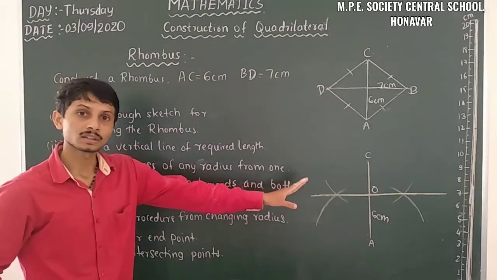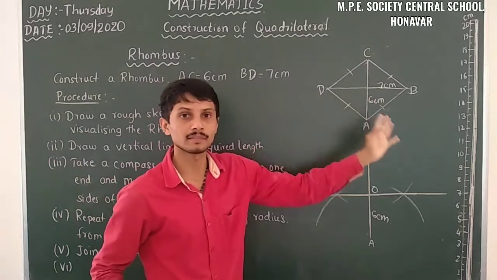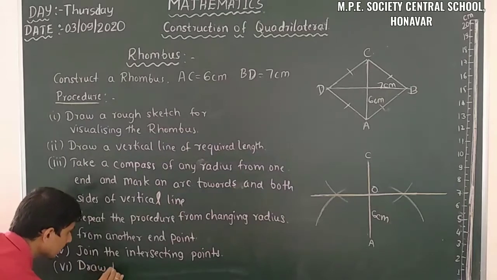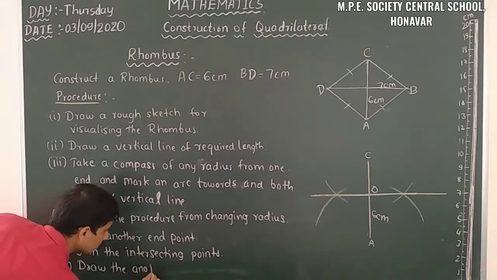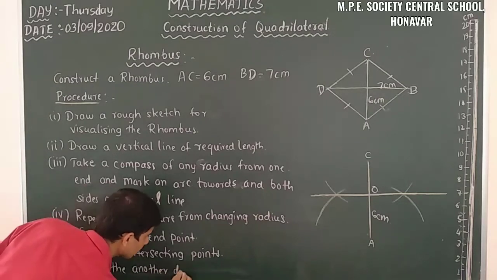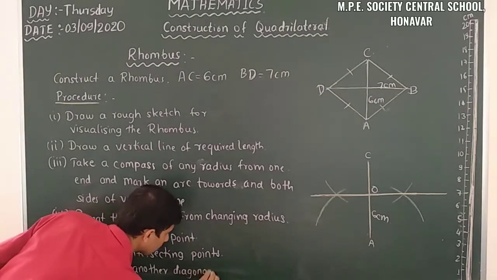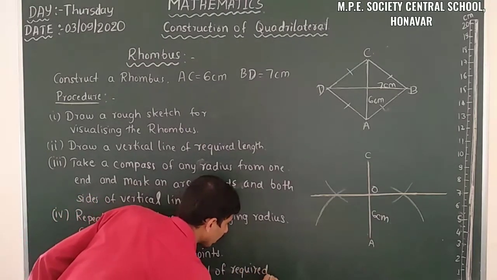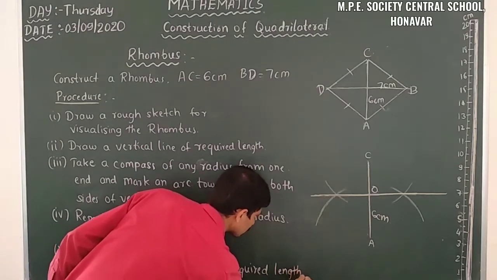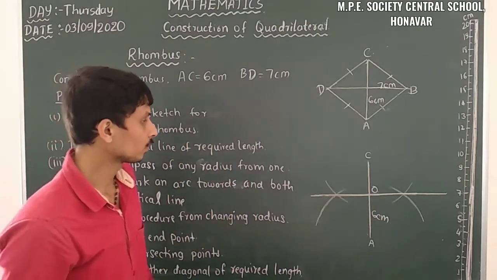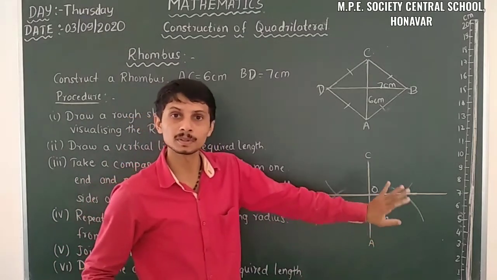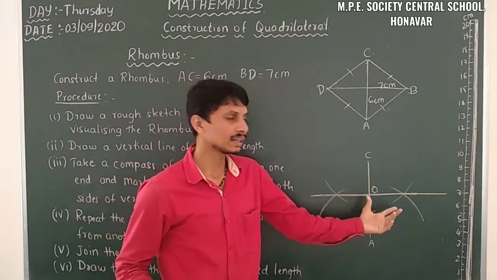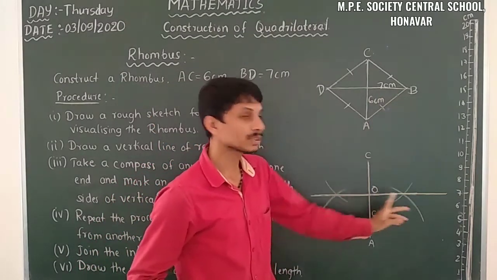Here we have to take the another diagonal, that is 7 centimeter. Draw the another diagonal of required length. For that, you have to take the length of the diagonal, which is 7 centimeter.